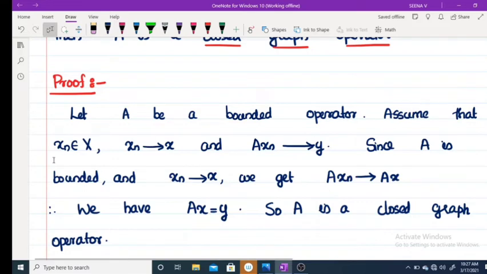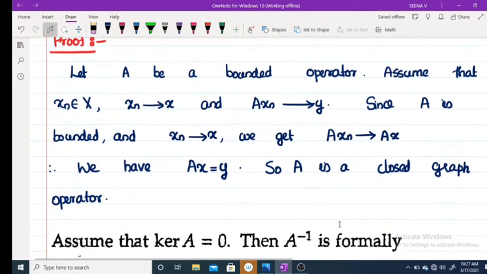Assume that x_n belongs to X, x_n converges to x, and Ax_n converges to y. If A is a closed graph operator, this implies Ax equals y. Since A is bounded, x_n converges to x implies Ax_n converges to Ax. From this, what do we get? Ax equals y.